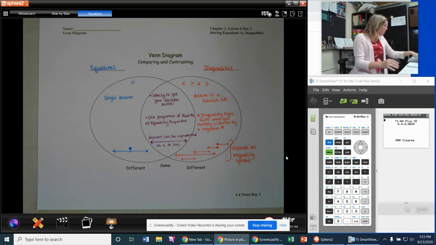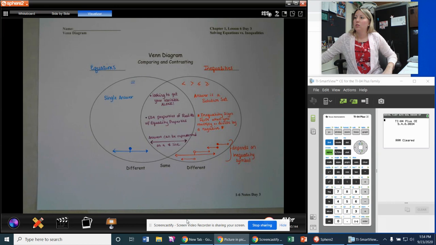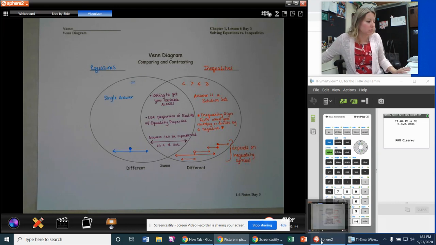Now, I do want to take a peek real quick at what it looks like. I guess I don't have it there. I don't see it here either.